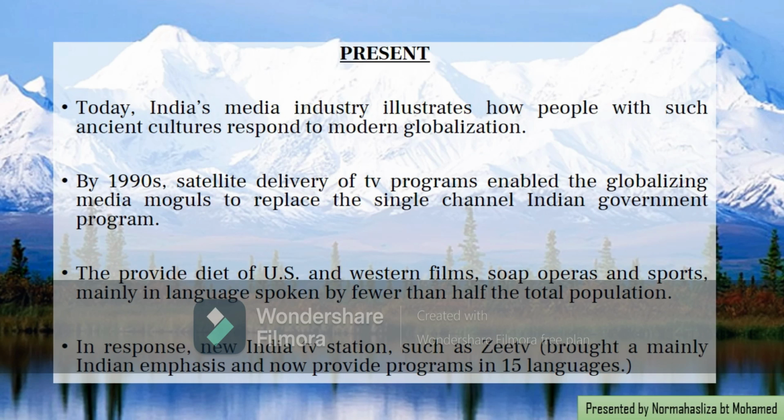In response, new Indian TV stations such as Zee TV, with a mainly Indian emphasis, now provide programs in 15 languages. The Indian movie industry, which already produces more films than the US industry, diversified into TV soap operas with Indian scenes. The new range of TV channels are consumerist, focusing on Indian interest groups and especially the large number of young adults.